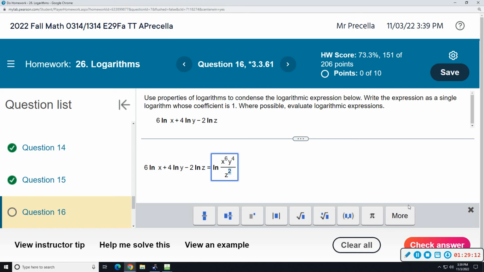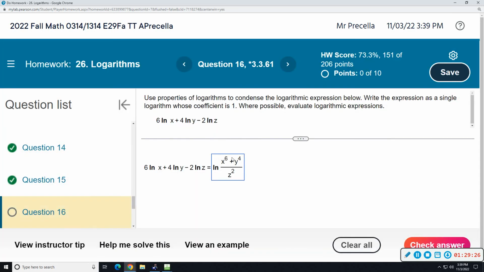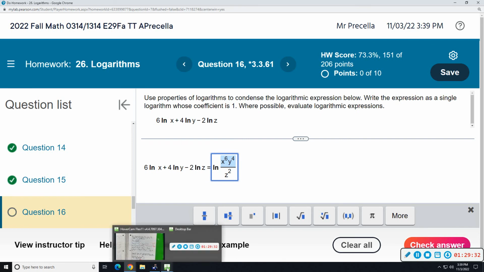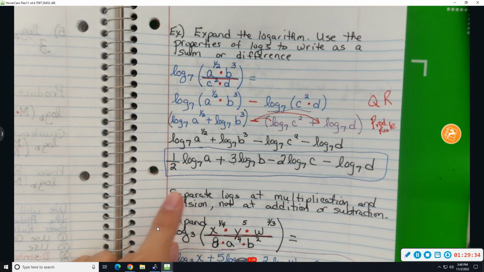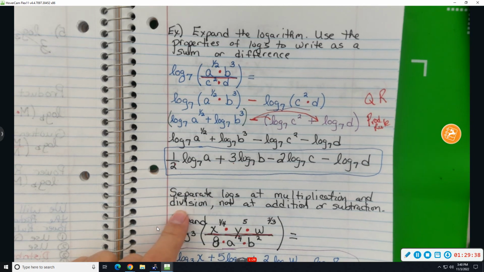And I want to point out something before I check it. Suppose we had put that plus. Maybe they'll accept it. Let's see. No. Why? Because you separate logarithms at multiplication and division, not at addition or subtraction.